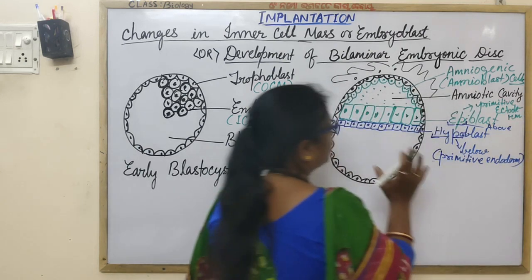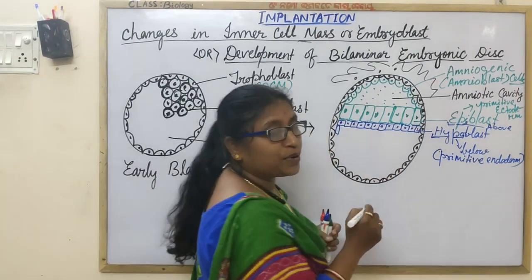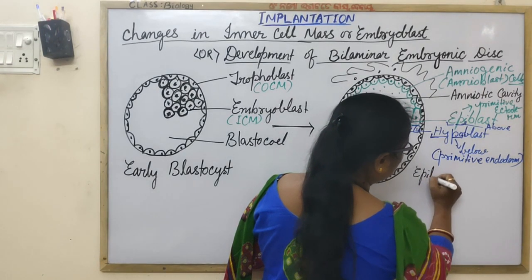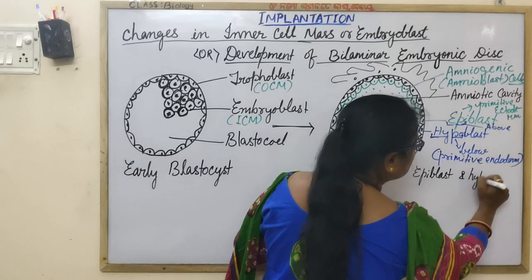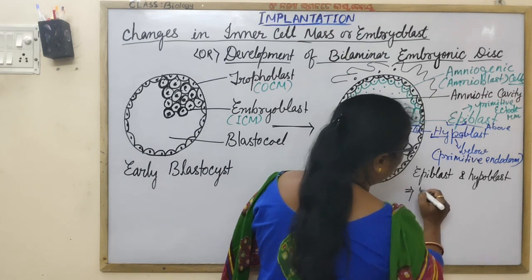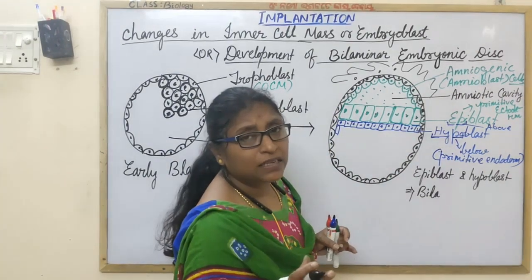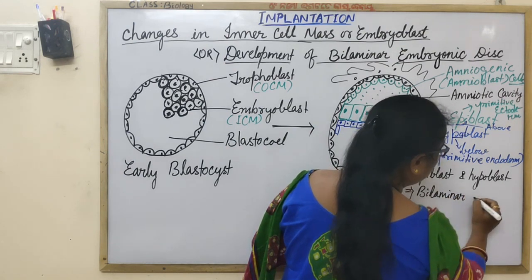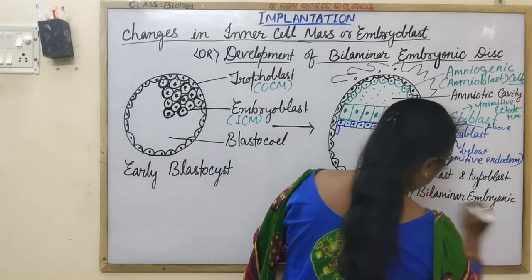The epiblast and hypoblast together make the bilayered embryonic disc. Lamina means layer, so bilaminar or bilayered embryonic disc.